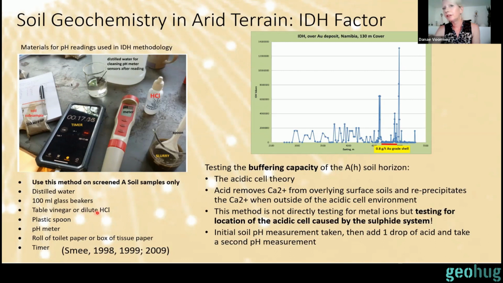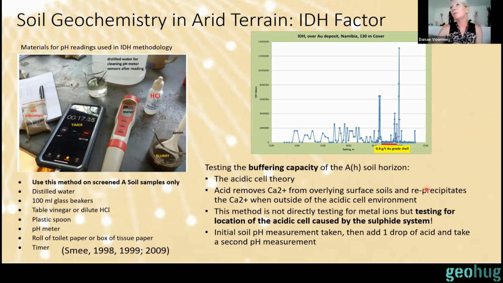You can use dilute HCl, but you can also use a bottle of table vinegar. Jessica, you could go out into the outback with table vinegar and some water and a pH meter, and you can find a deposit. And this has been proposed by Smee for the last 2 decades, and it works.